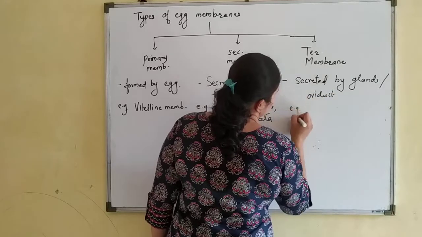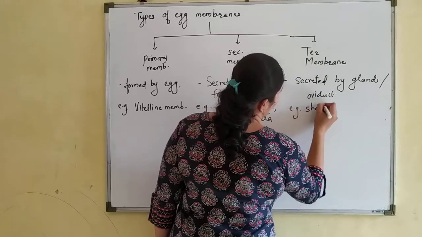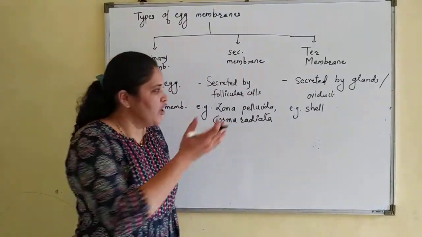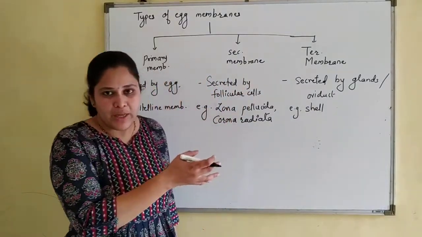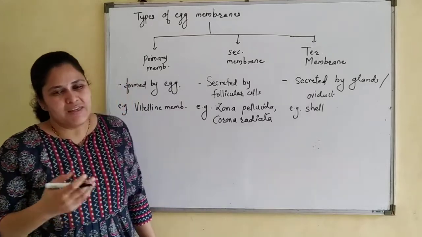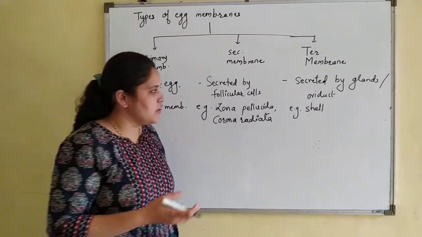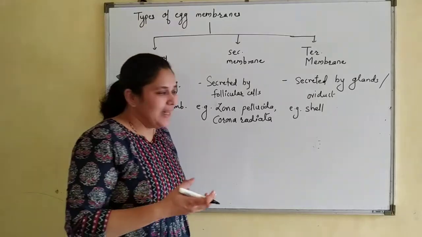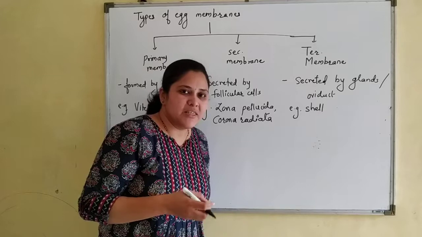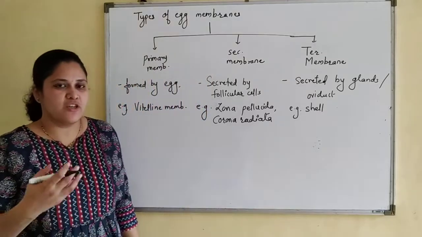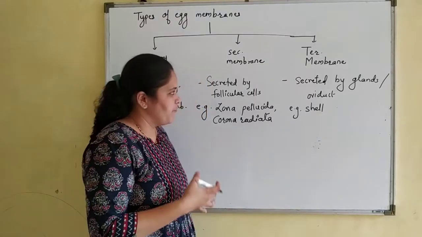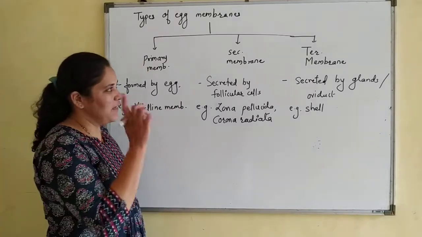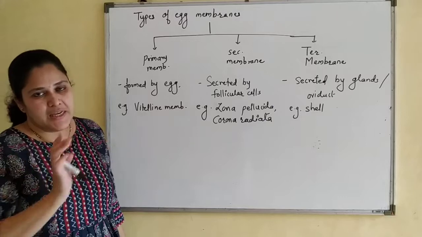Its example is the shell. In humans, eggs are non-cleidoic, so human eggs don't have a tertiary membrane. It is present in birds, reptiles, and all shelled animals that lay shelled eggs. Their shell is a secretion of glands or the oviduct. These are the types of membranes in the egg cell. In human, tertiary membrane is absent.